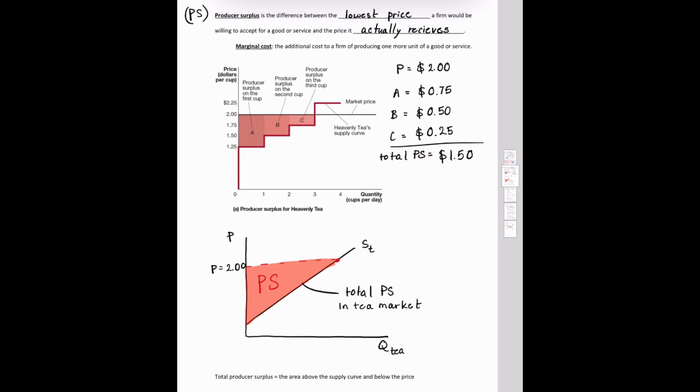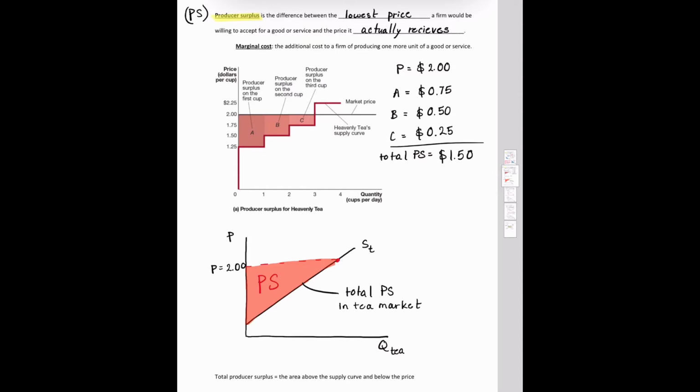So similar to supply side versus the demand side, we're having a producer side versus the consumer side. Producer surplus, PS, is the difference between the lowest price a firm would be willing to accept for a good or service and the price that it actually received.